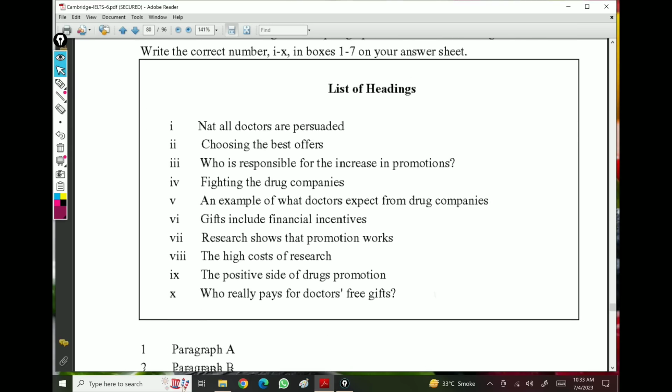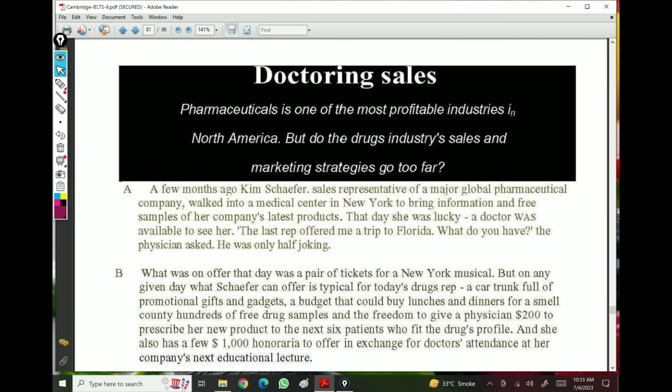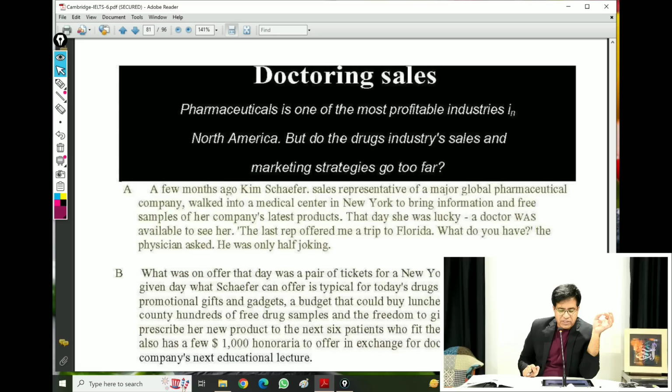Now, first of all, when you start, you need to take a look at the title of the passage. What's the title? Doctoring Sales. And there is the subtitle as well. Pharmaceutical is one of the most profitable industries in North America.